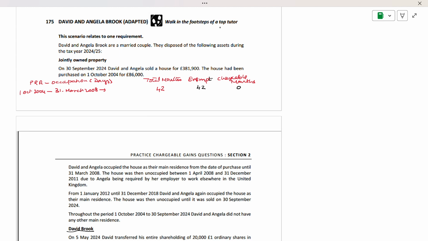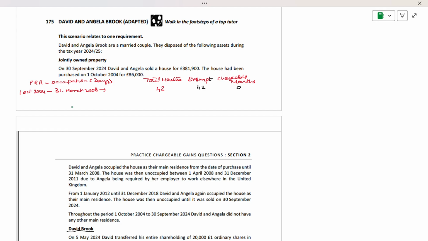Is it there in the paper? Just check. No, regarding the number of days it is not there.